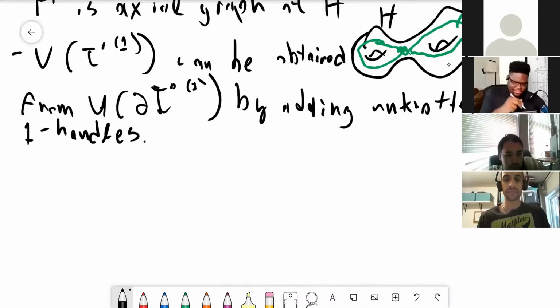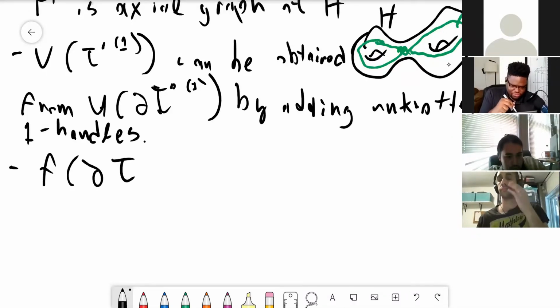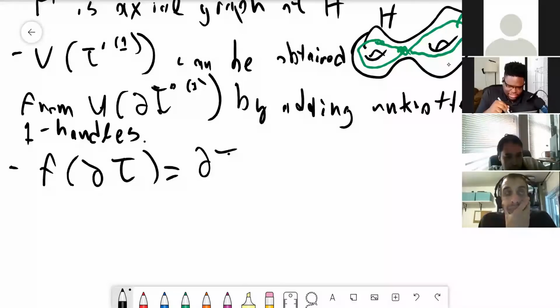All right, and the last thing that we need is that if I apply, I guess I didn't label the gluing map, but the gluing map should be F. If I look at the image of the triangulation of the boundary of the first one, hopefully I get the triangulation of the boundary of the second one.